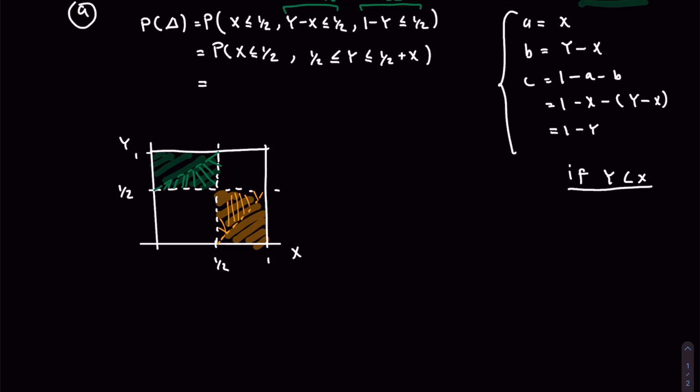We can think about the symmetry of the problem: this area occurring is 1/4, because we have 1, 2, 3, 4 regions. Half of that is 1/8. So this part of the region occurring is 1/8. But we have another triangle here, and that's also 1/8. So the answer is 1/4 when we add them together. And that is basically the geometrical solution for this problem.